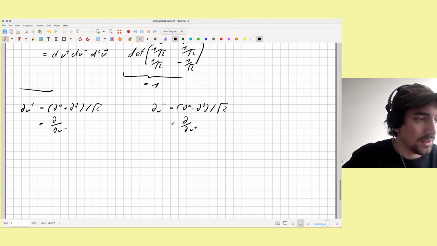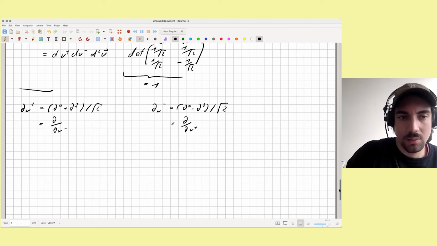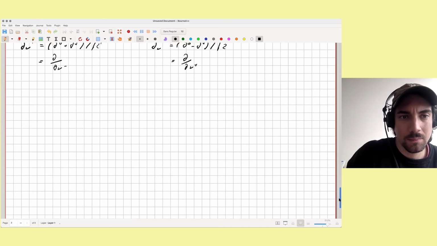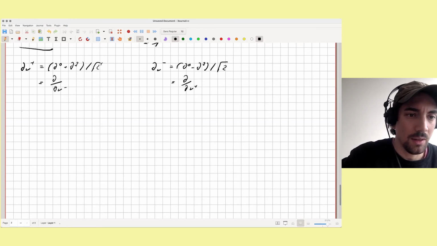And to this end, what we do is we actually act with this derivative on the vector, with respect to taking the derivative, and then we know what this should be.